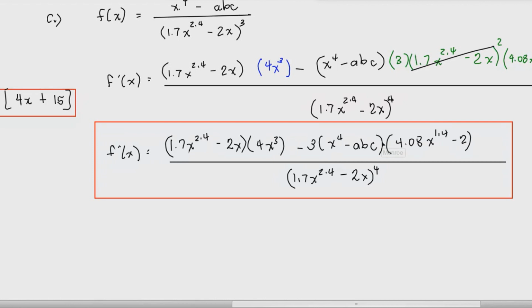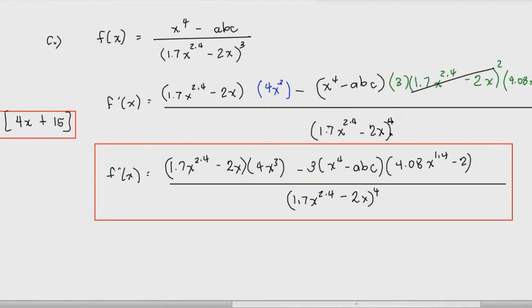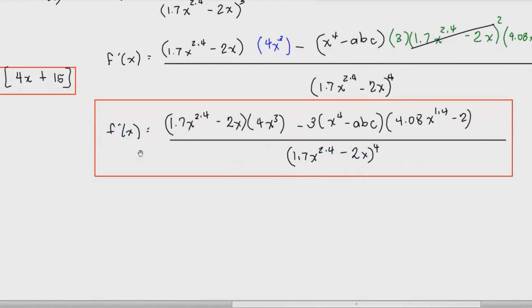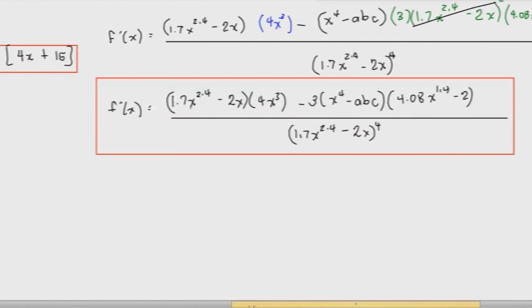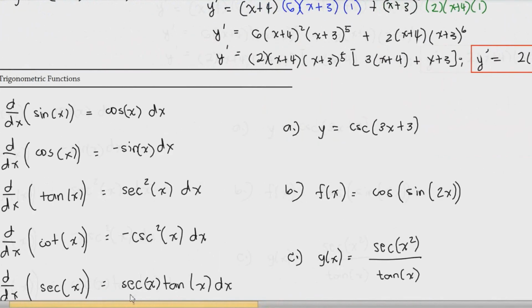So I won't be requiring you to simplify this into a very simplified form, since it's not my concern. My concern is how you differentiate. So starting from this, it's already the answer. Whatever answer you get starting from this by simplifying would also be correct, for as long as it's correct.